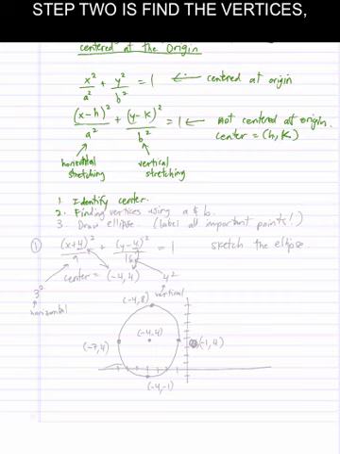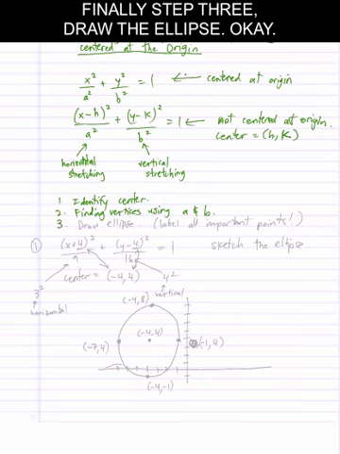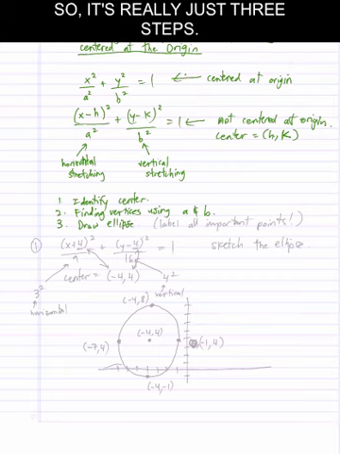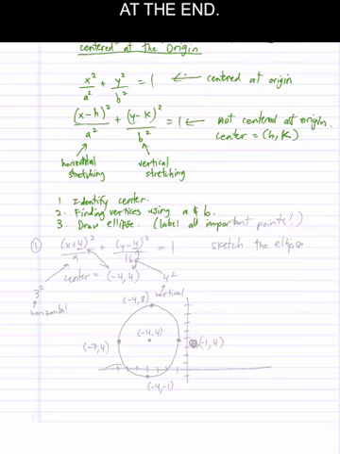Step 2 is find the vertices using a and b. Finally, step 3, draw the ellipse. Okay, so it's really just 3 steps. I want us to make sure that we label all important points at the end.